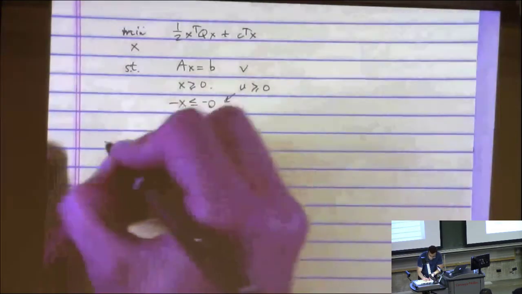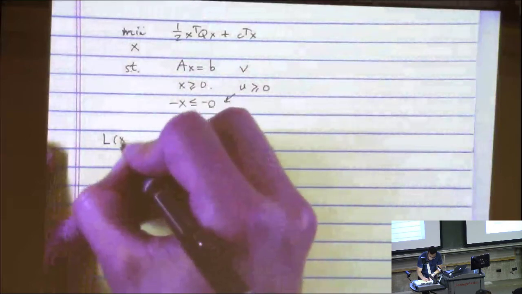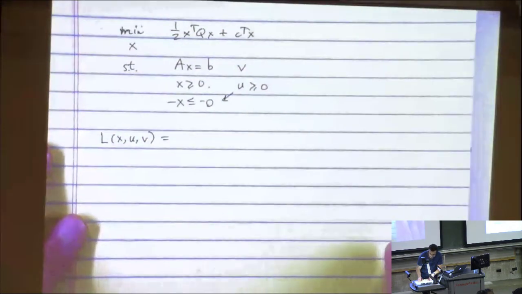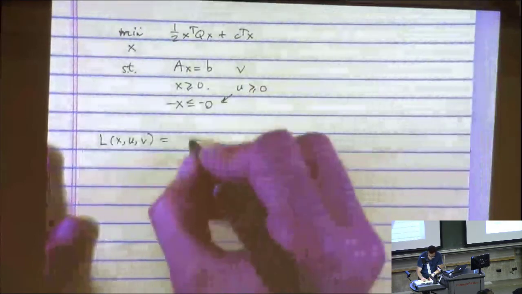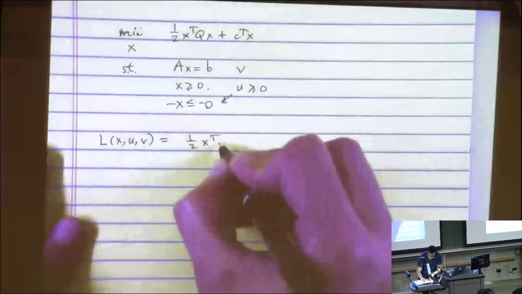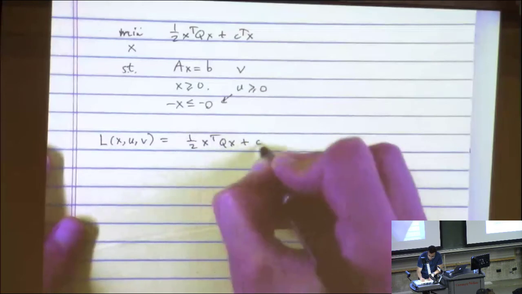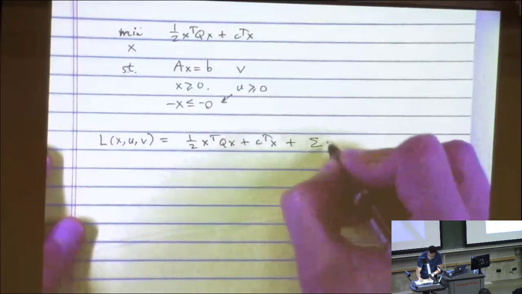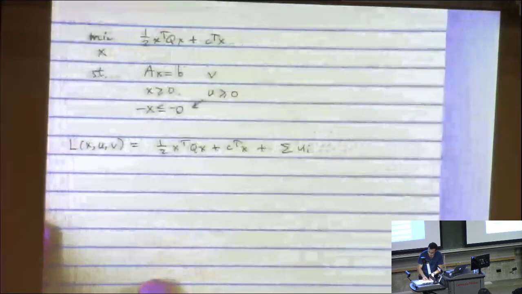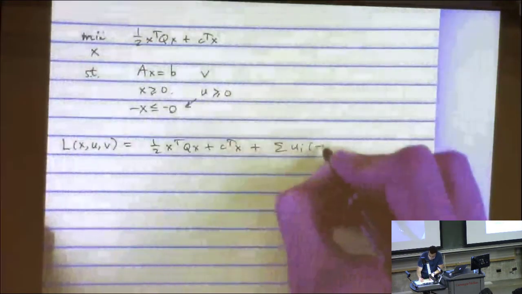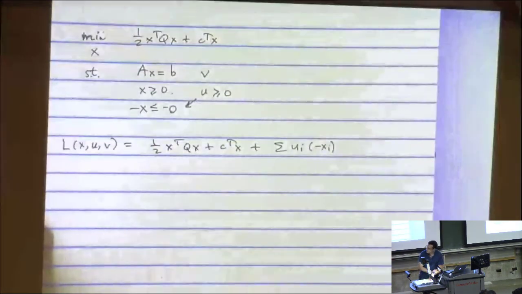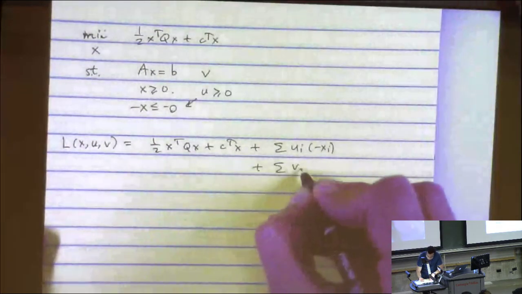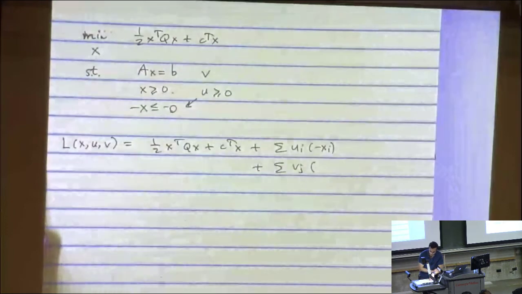The Lagrangian, literally as we defined it a few slides ago, is the primal criterion plus the sum of u_i times the inequality constraint functions, which is minus x_i, plus the sum of v_j times the equality constraint functions.